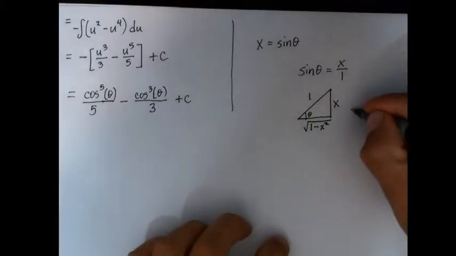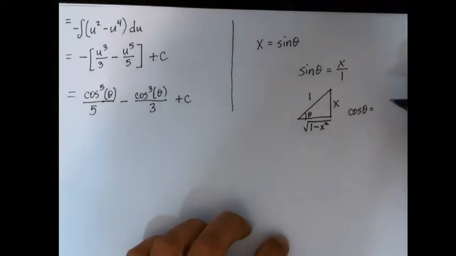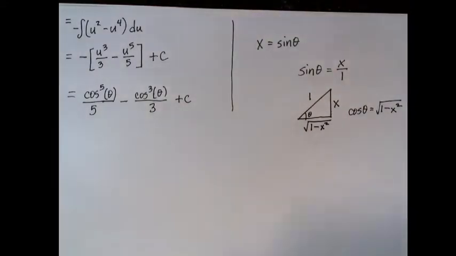So cosine theta is the square root of 1 minus x squared. It's adjacent over hypotenuse.